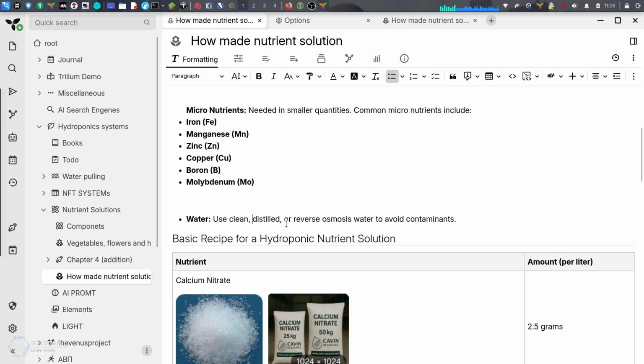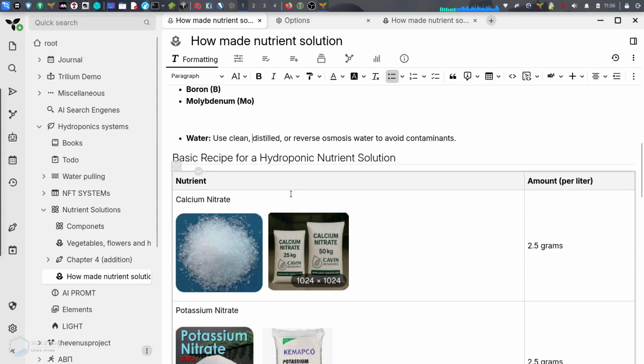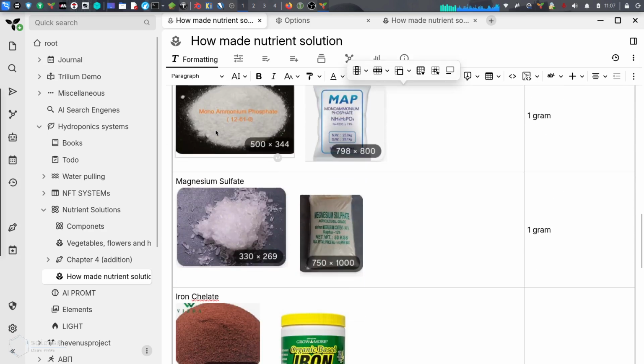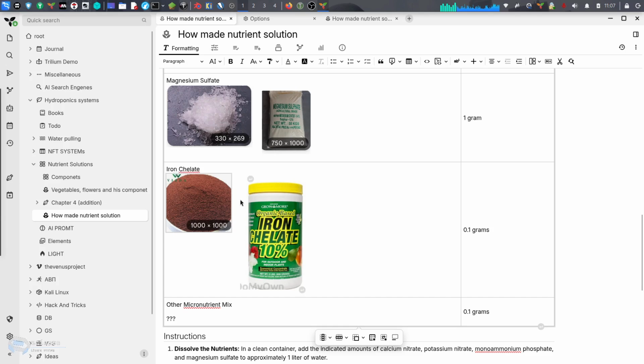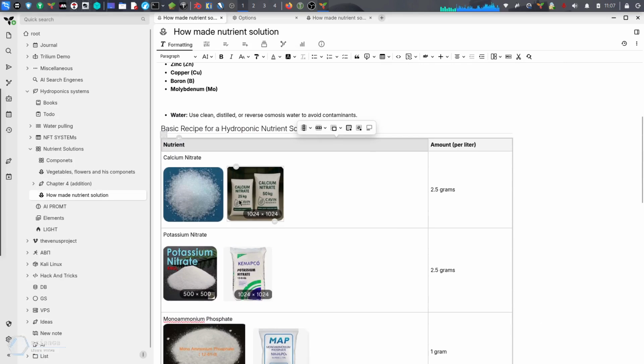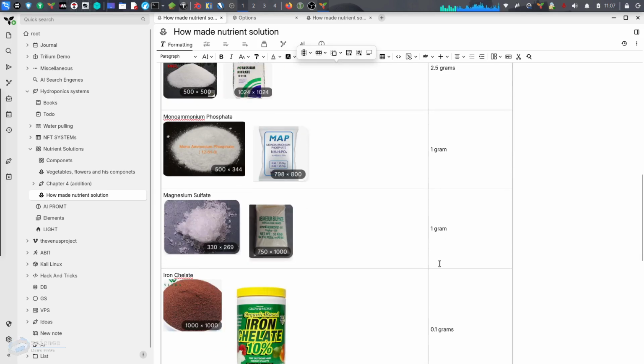Okay. Basic recipe for a hydroponic nutrient solution. See, we have nutrients. We can buy these in 5 kilograms, 25, 15, but we use little amounts for our nutrient solution.